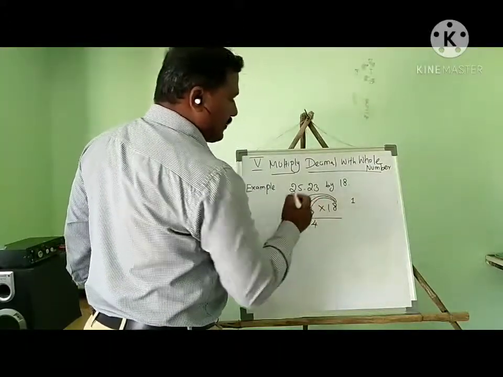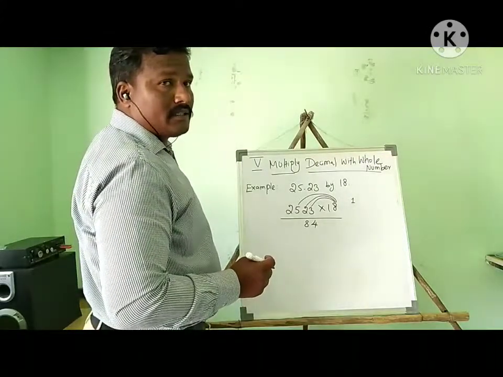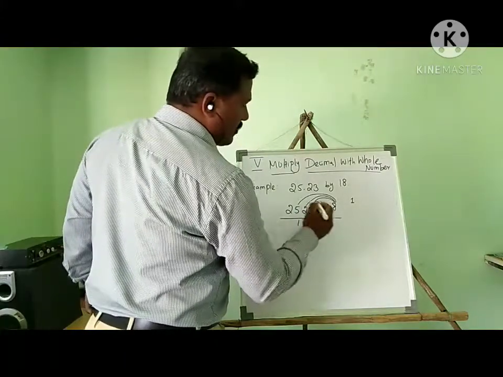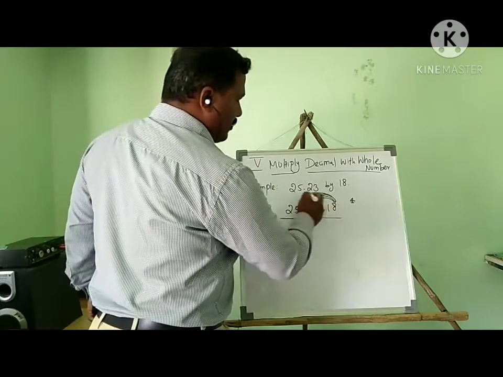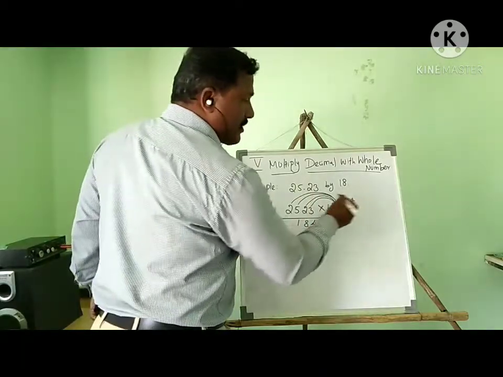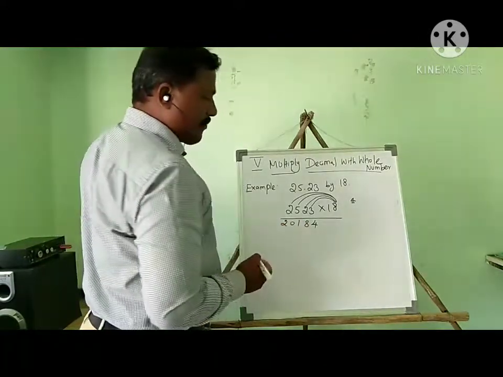Again 8 into 5. 8 5s are 40. 40 plus 1 is 41. Then remainder 4. Now 8 into 2. 8 2s are 16. 16 plus 4 is 20. So 20 as it is.